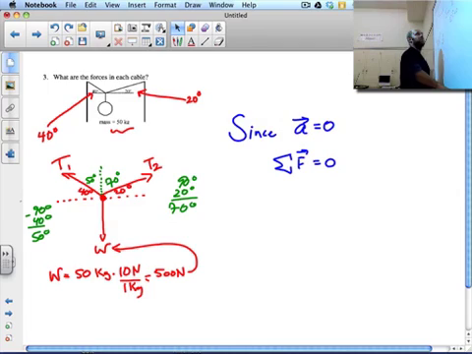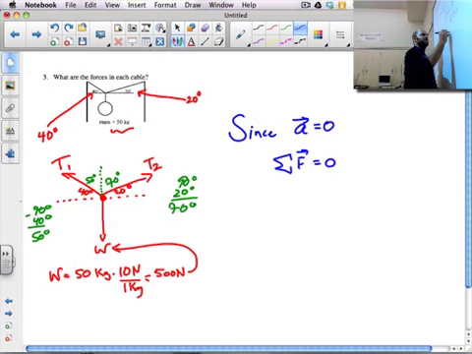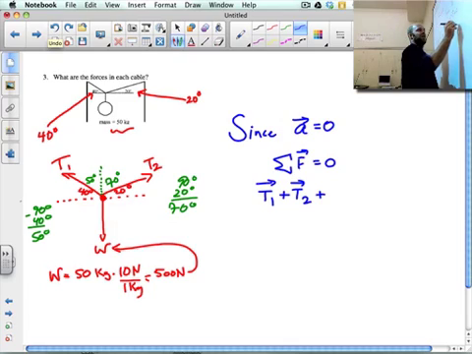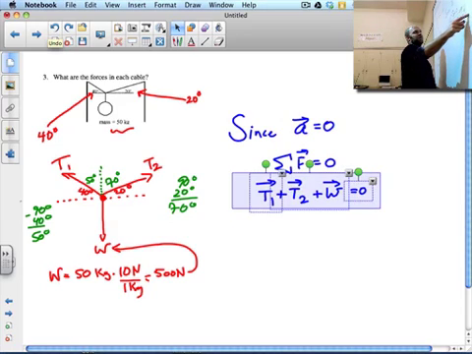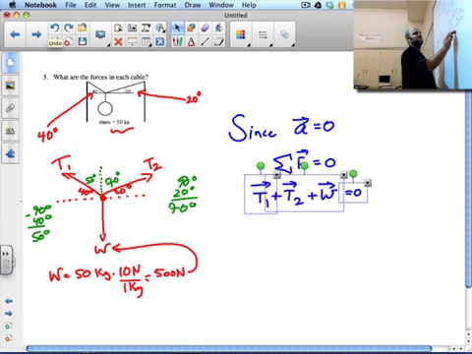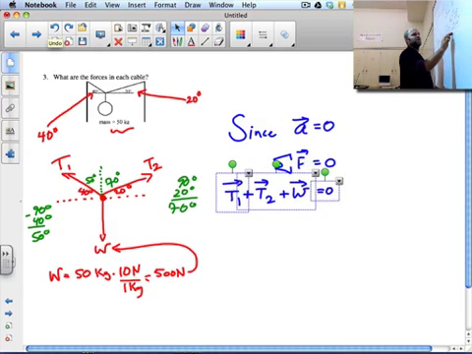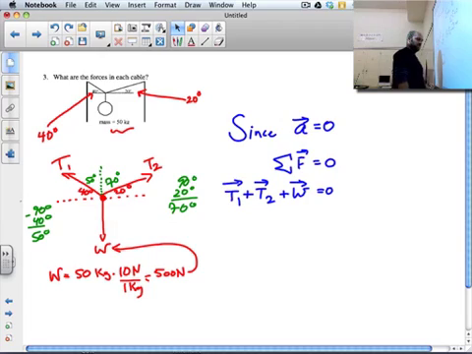If I take T1, a force with magnitude and direction, I take T2, another force with magnitude and direction, and I add to it my weight, these must add to 0. Let's make this look nice.